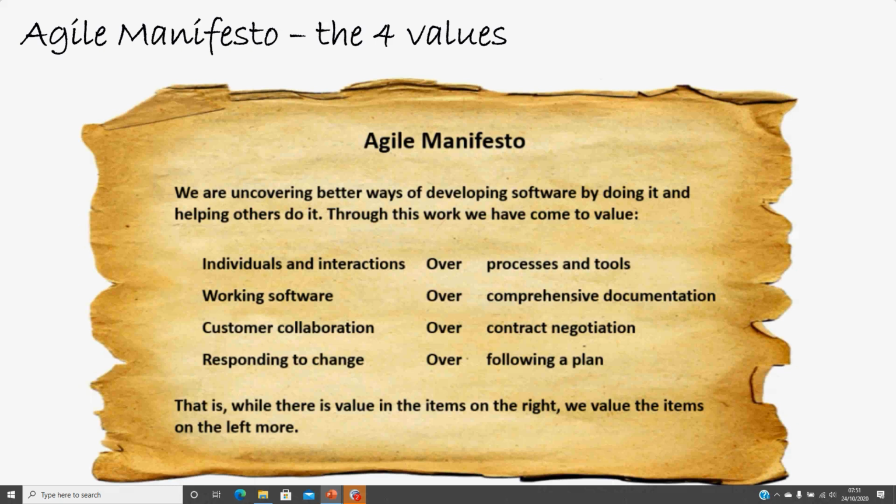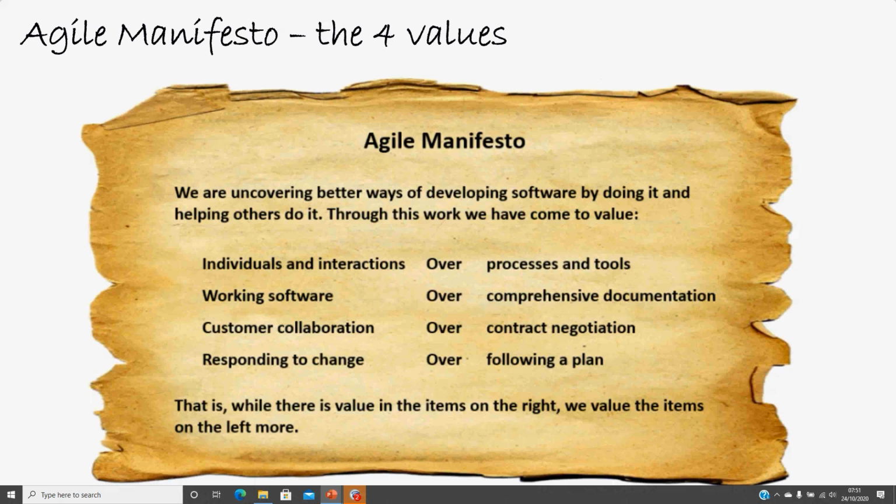Following a stringent process makes the development process rigid, and changes could not be brought in early when they were required. Additionally, a well-defined process is not the answer to every problem.